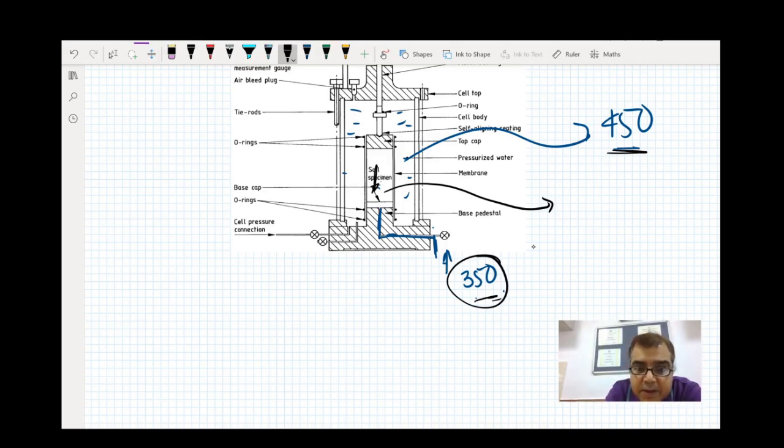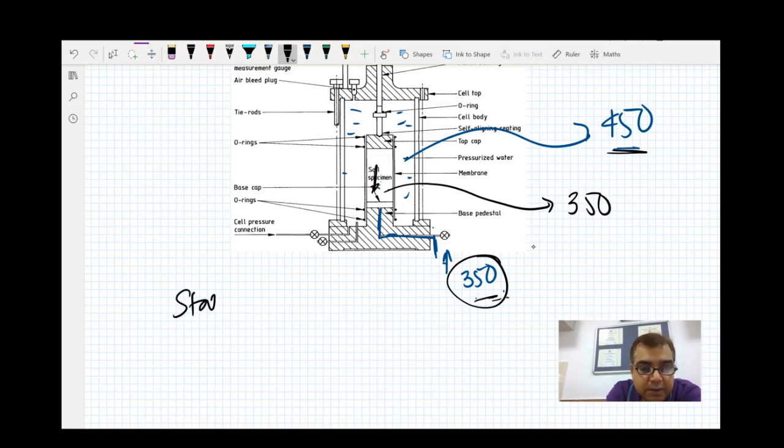So ultimately when all consolidation is over, the pore water pressure within the sample would be 350 and the cell pressure outside would be 450. So back pressure has come in handy, not only in saturation but also in consolidation stage. This comes to the end of stage 1.